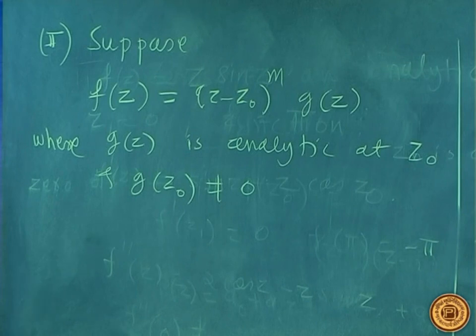But G is analytic at Z naught means what? G has a Taylor series expansion in the neighborhood of Z naught.